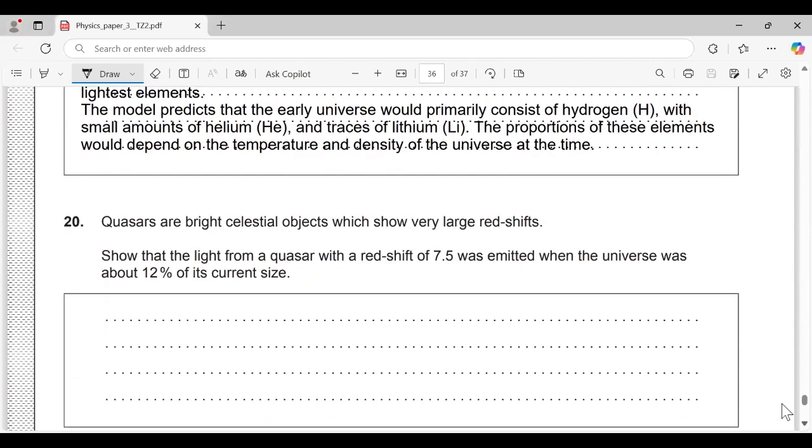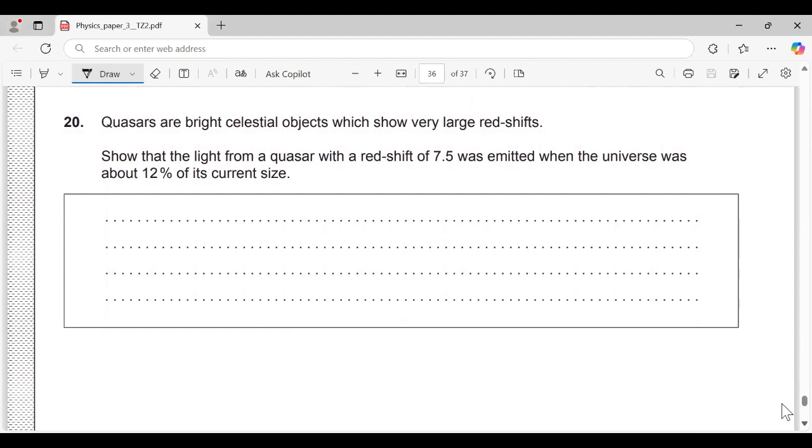Next, number 20. Quasars are bright celestial objects which show very large redshifts. Show that the light from a quasar with a redshift of 7.5 was emitted when the universe was about 12% of its current size. We can use the scale factor rule.